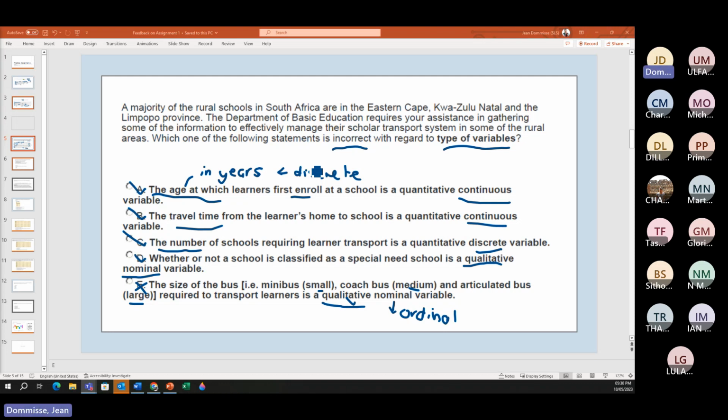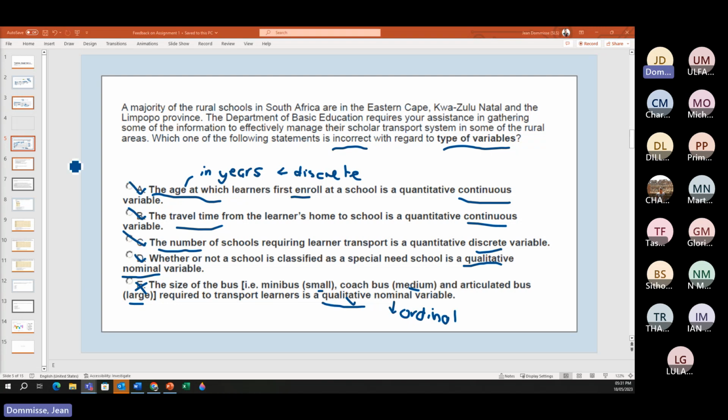So you can nearly see the type of questions that you will also get is a combination of things. It will not just be that they will give you a statement and then say, is this ordinal, is this nominal. It will nearly be these kinds of combinations that they will give to you.